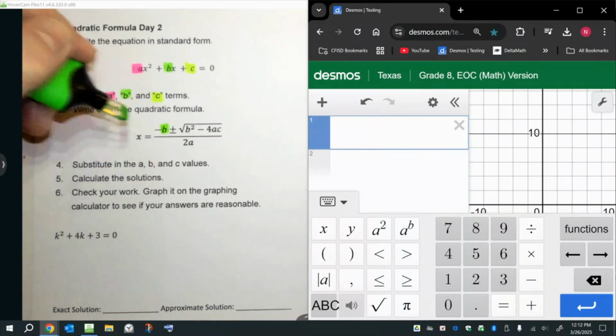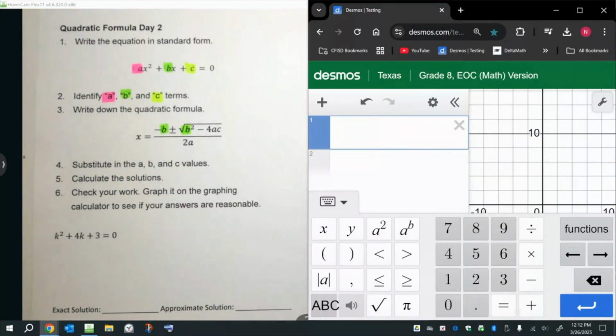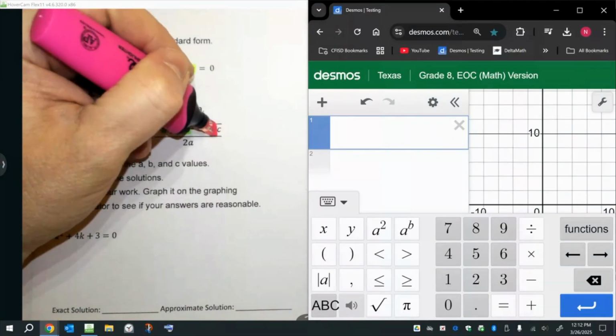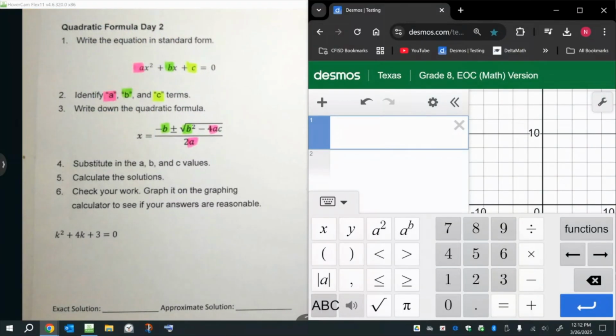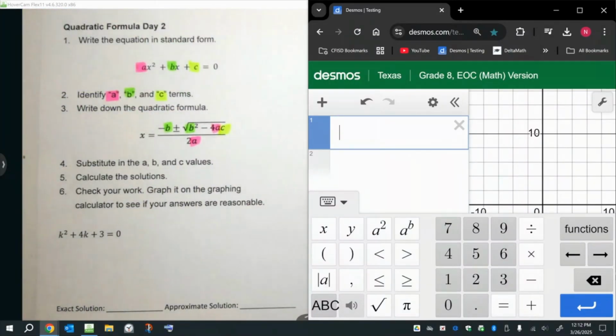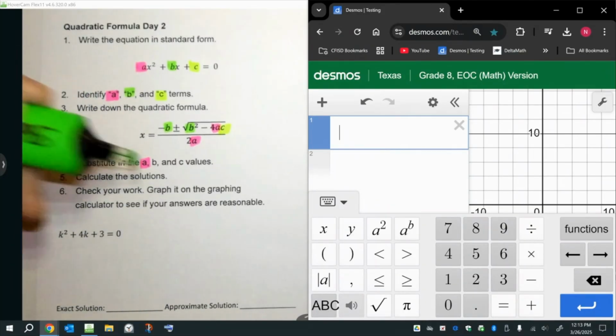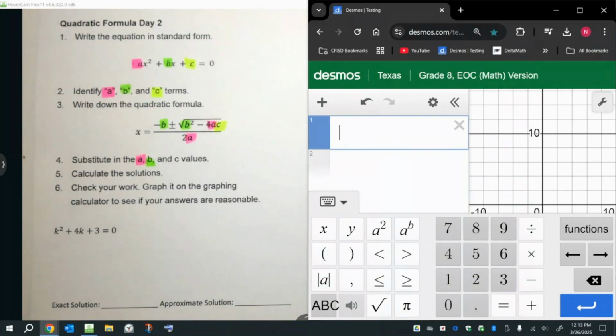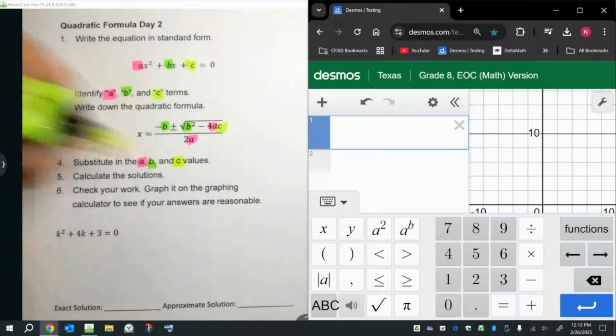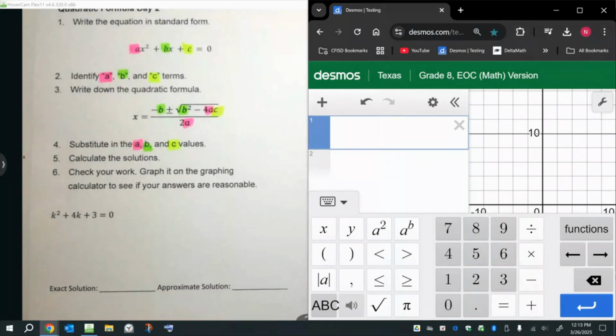It goes negative B, plus or minus, and then down here at the bottom with 2A, and then don't forget about the weirdo, C. So then I substitute into the formula for A, B, and C. Then today I'm going to calculate my solution and check the answer on the graph. Okay, so here we go.